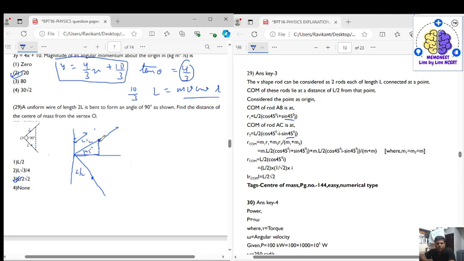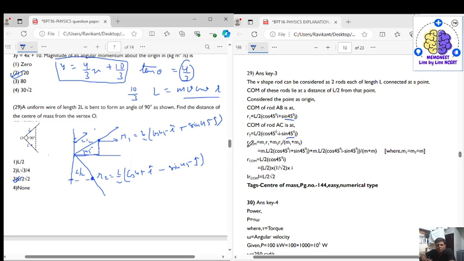So the coordinate R1 is L by 2 into cos 45 i cap plus sine 45 j cap. Similarly, the coordinate R2 will be L by 2 into cos 45 i cap minus sine 45 j cap.